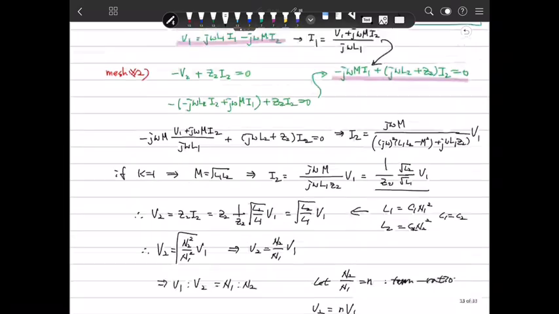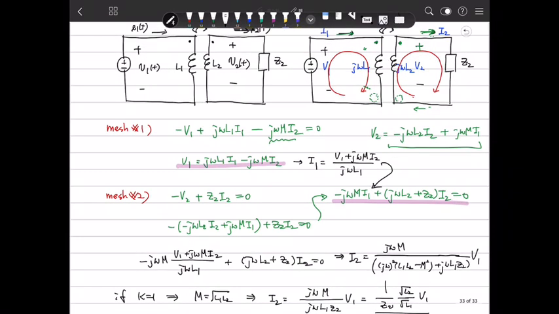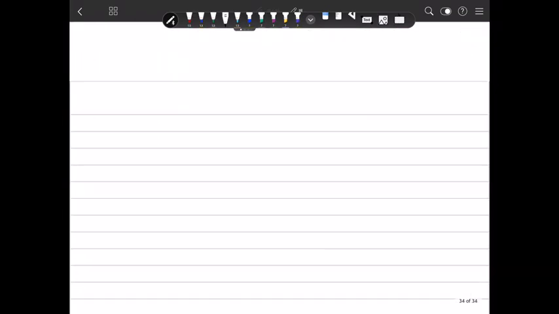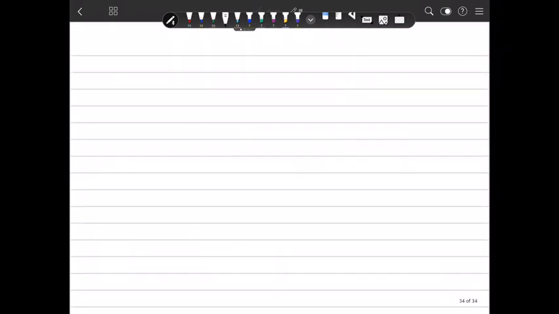So that means we already learned about the transformer in your high school. It'll be quite simple. The voltage is transferred with the turn ratio. So that's it. That means the ideal transformer means perfectly coupled, so the coupling coefficient is 1. Anyway, we can solve the circuit like that. This is the first example of coupled inductor.